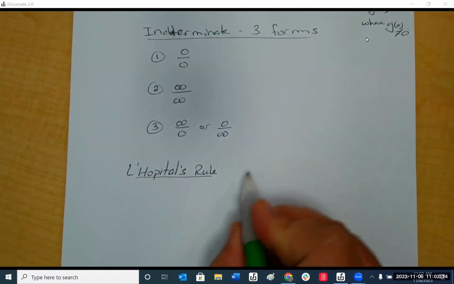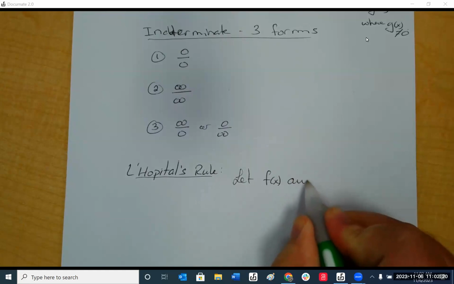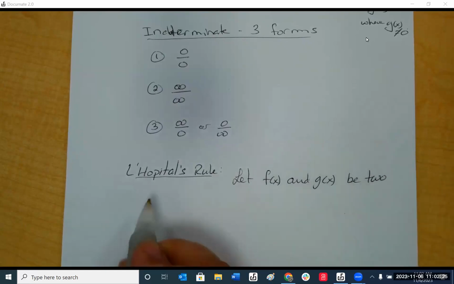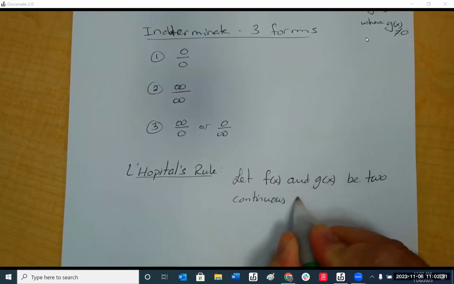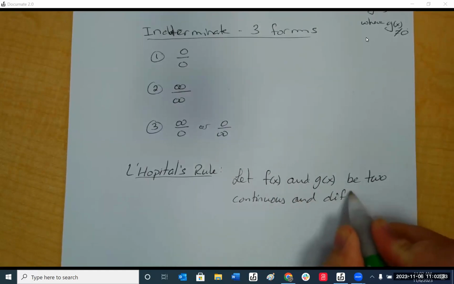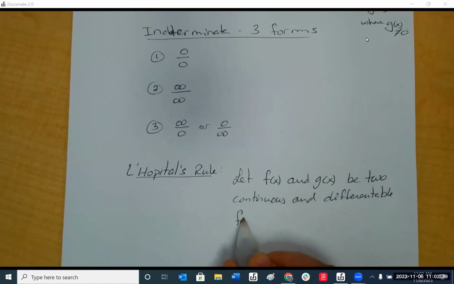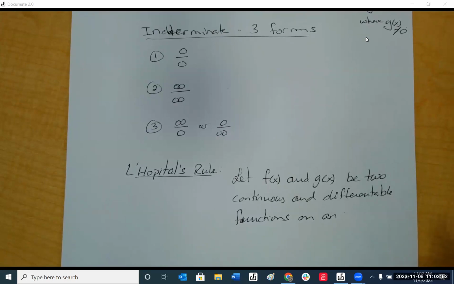We have 2 functions. Let f of x and g of x be 2 continuous and differentiable functions on, do I have to use open or closed, or does it matter?